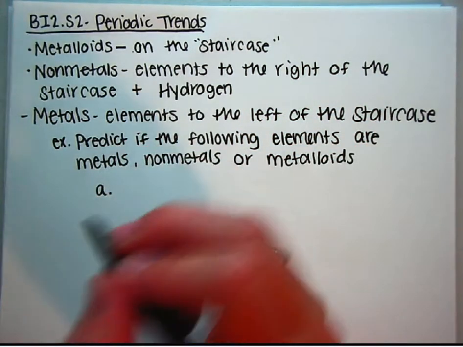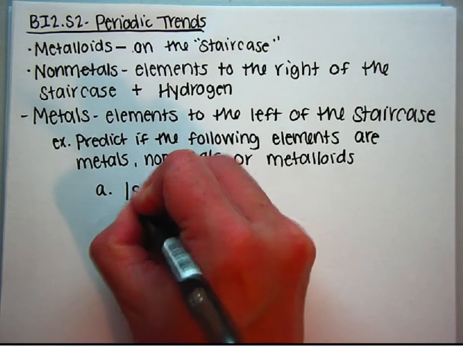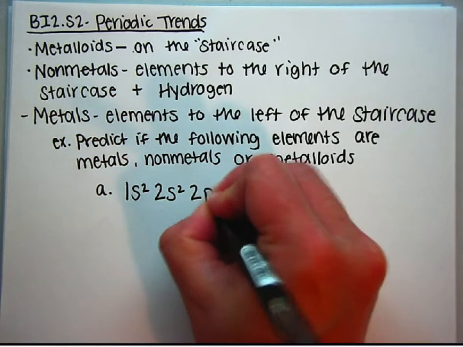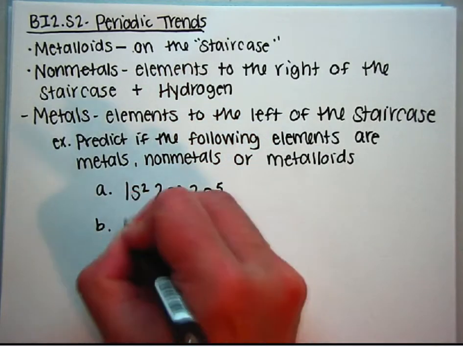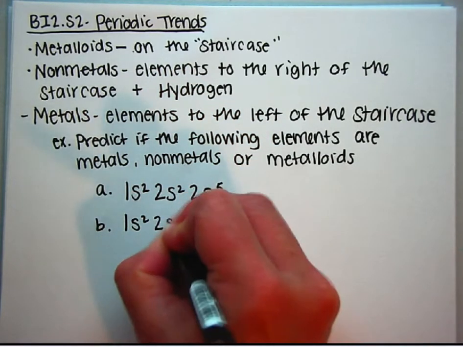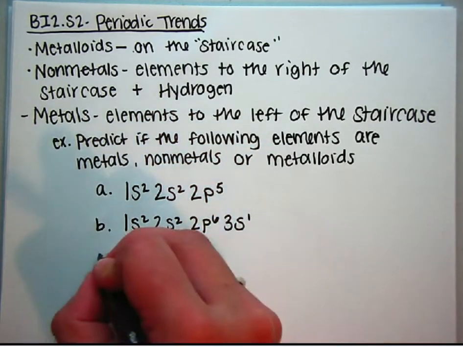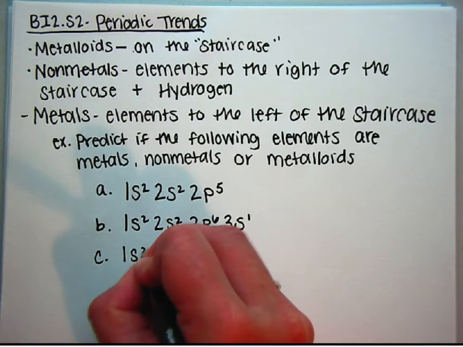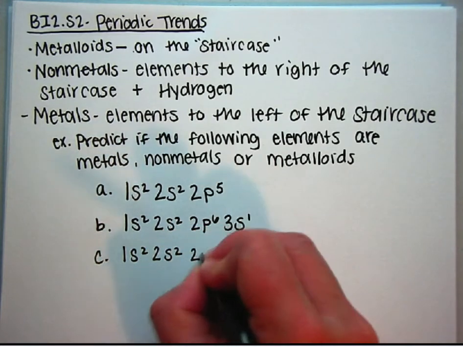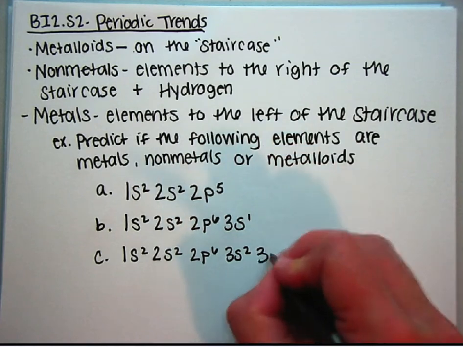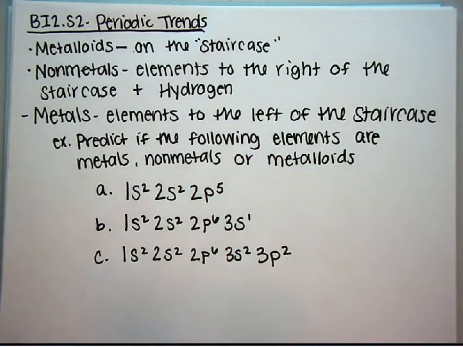And you were asked to predict based on their electron configuration. So probably the easiest way to do this problem is just to count the number of electrons and figure out which element it is.